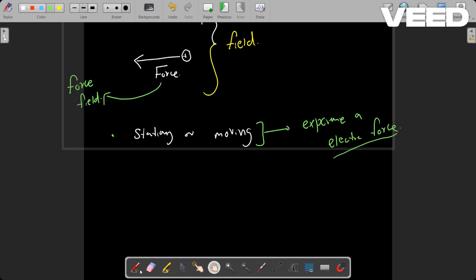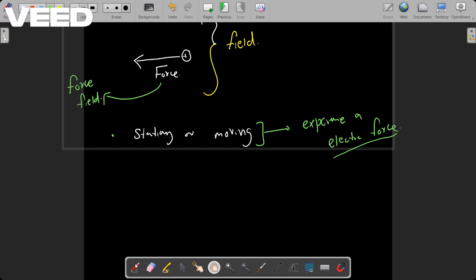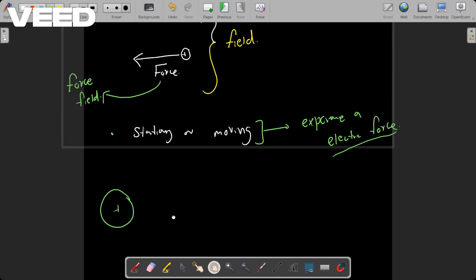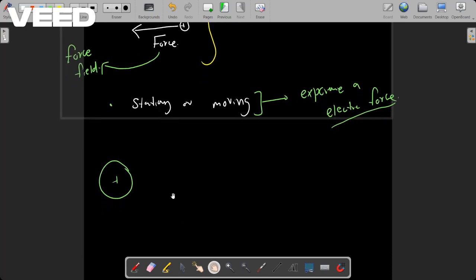Not only that, when a particle is charged, the charged particles are exerting a force on their own. They have their own field also.